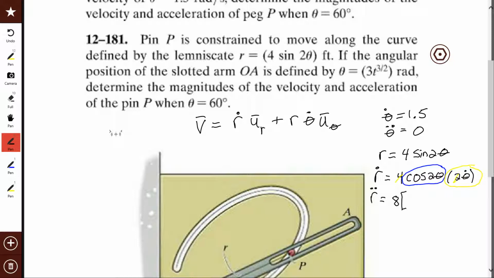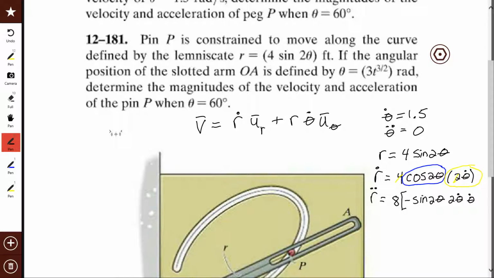So with the product formula, I take the derivative of the first term, minus sine of 2 theta, times the derivative of what's on the inside, which is 2 theta dot using the chain rule, times the second term, which is theta dot, the yellow term.